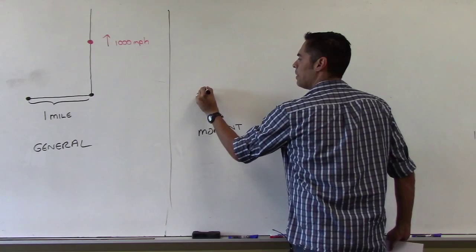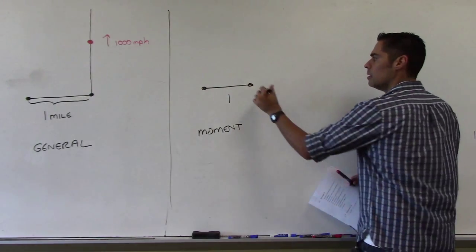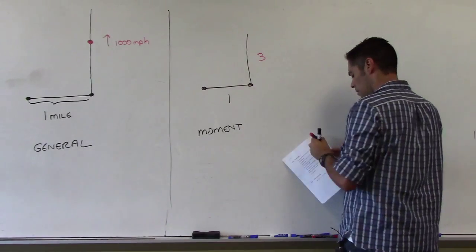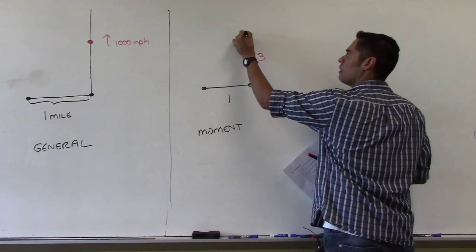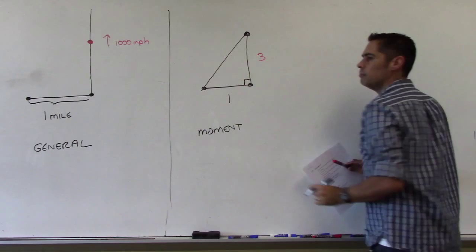With my moment in time picture, what changes is that I can fix the rocket, can't I? I can fix the rocket to be how high? 3 miles. Which creates a right triangle.